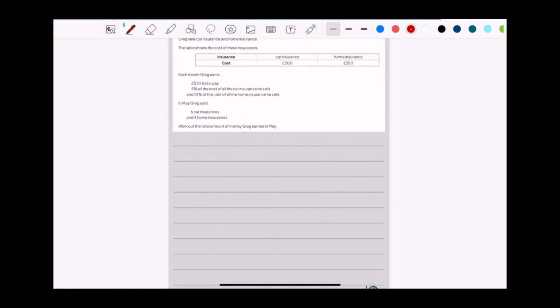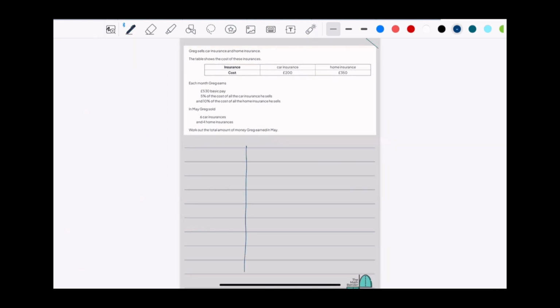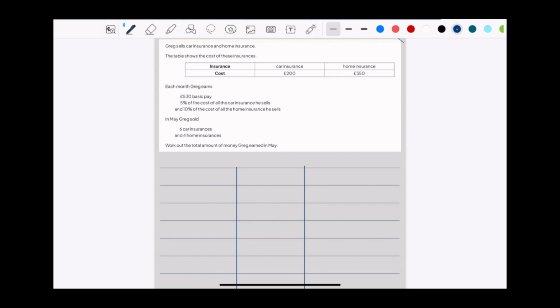So let's look at the last question of the day. Now, if I break this page into multiple sections. Greg sells car insurances and home insurances. The cost of car insurance is £200 per insurance, and home insurance is £350.